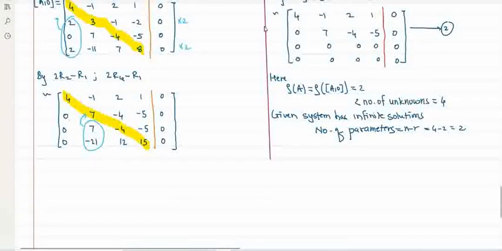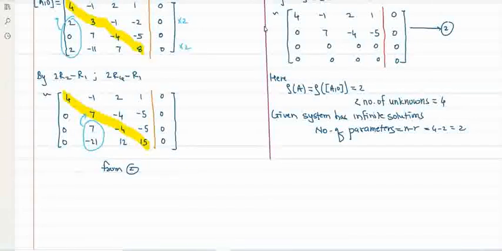From 2, the corresponding equivalent equations: the variables are x1, x2, so 4x1 minus x2 plus 2x3 plus x4 equal to 0. Suppose that is number 1.